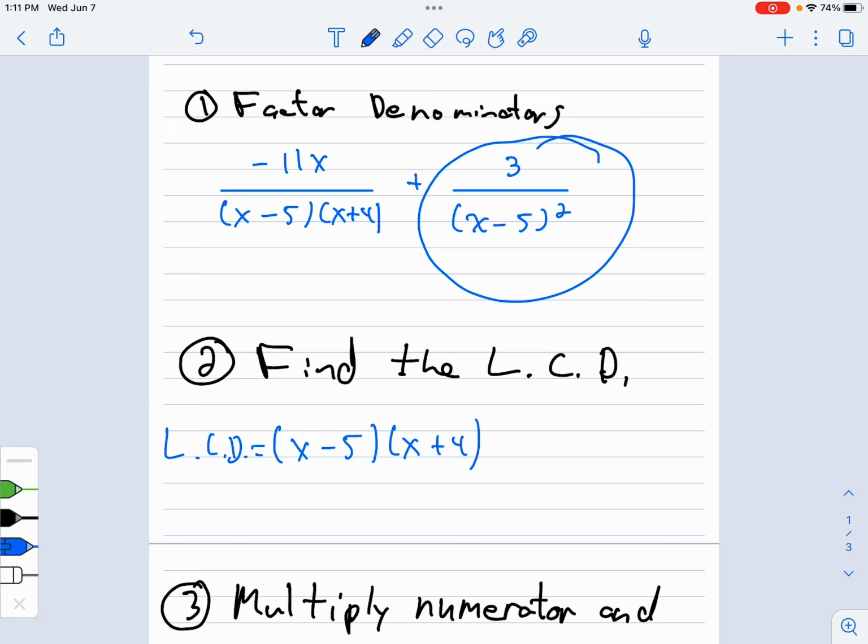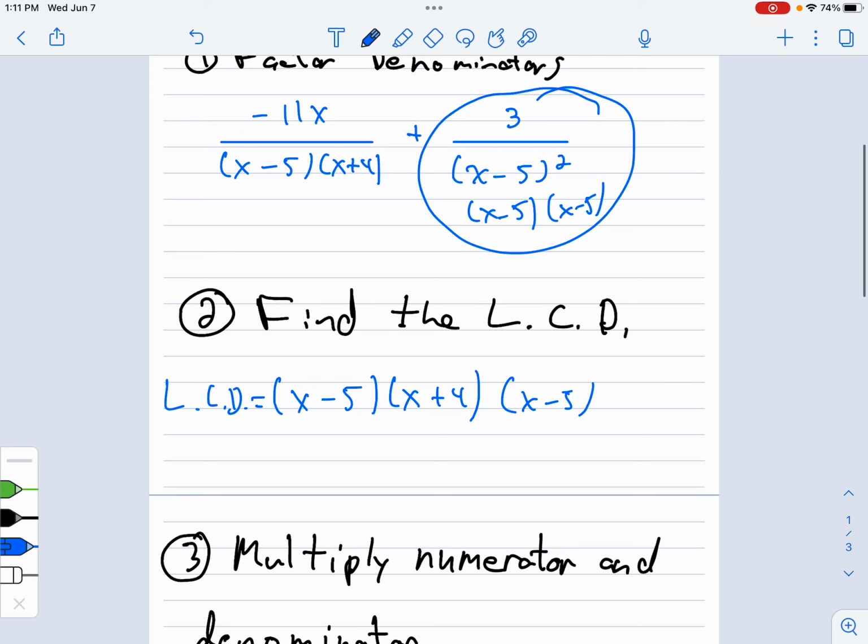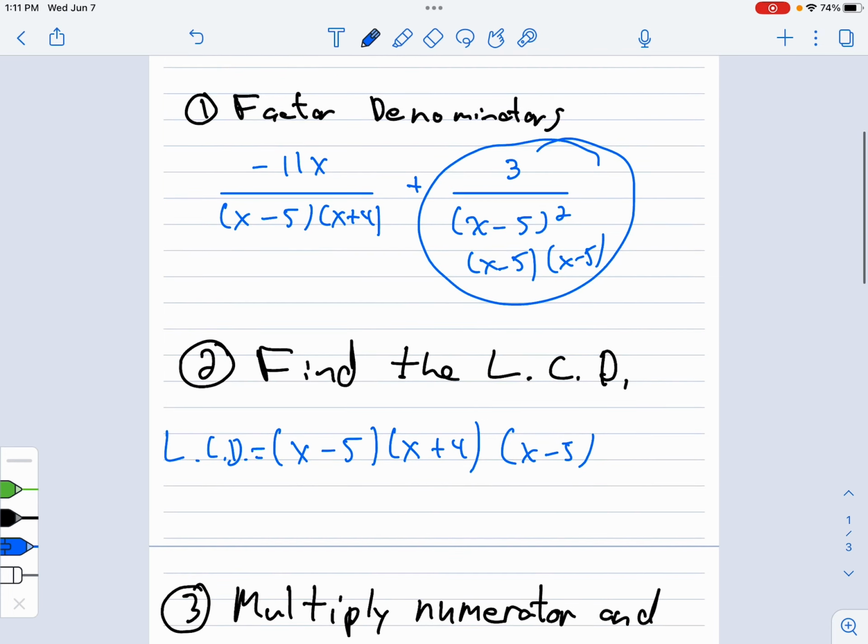So I'm going to write that down, because x minus 5 squared is like saying x minus 5 times x minus 5. Even though we wrote an x minus 5, if it appears multiple times in another fraction, you need to include all the times that it appears, okay? And that would be our LCD: x minus 5 times x plus 4 times x minus 5.